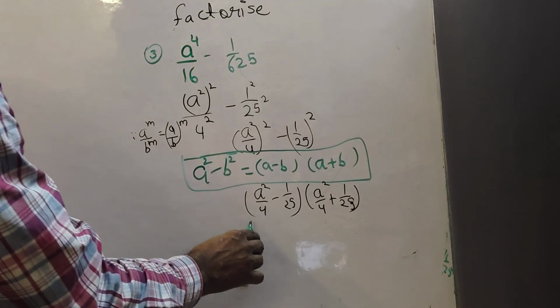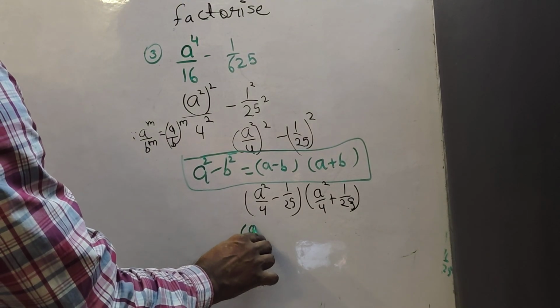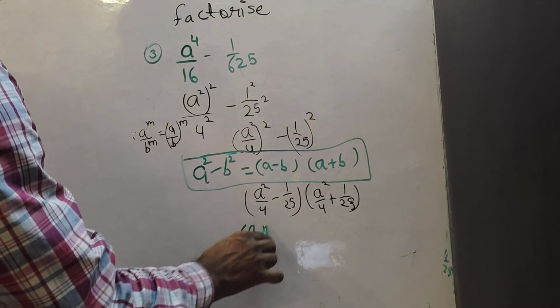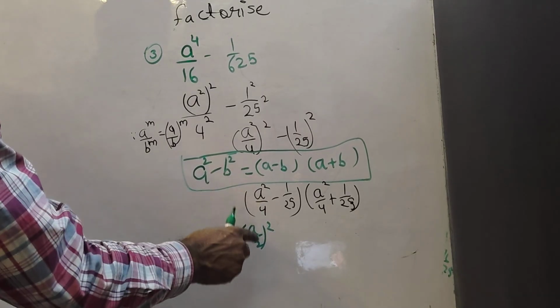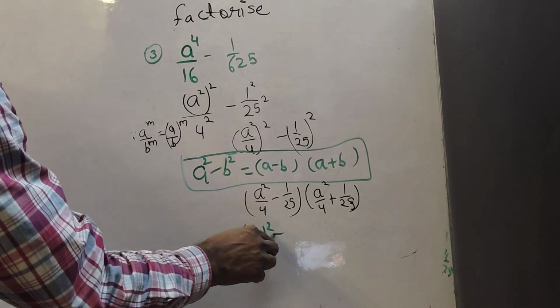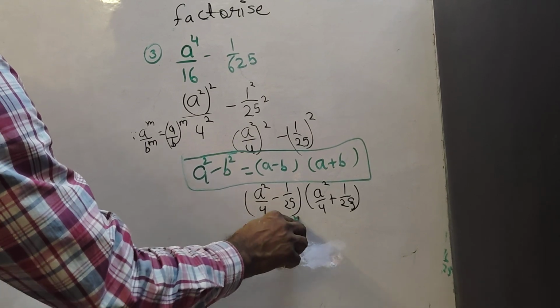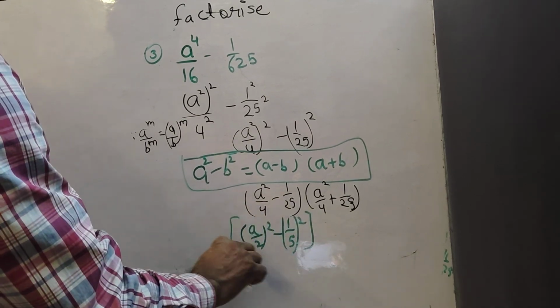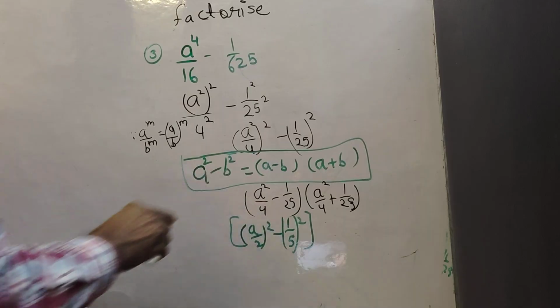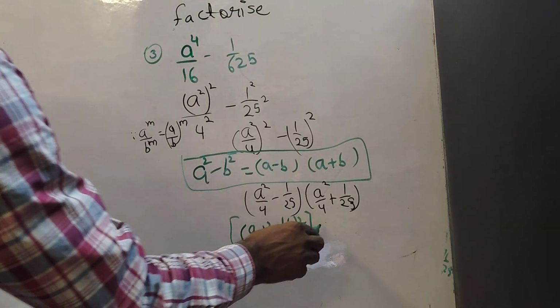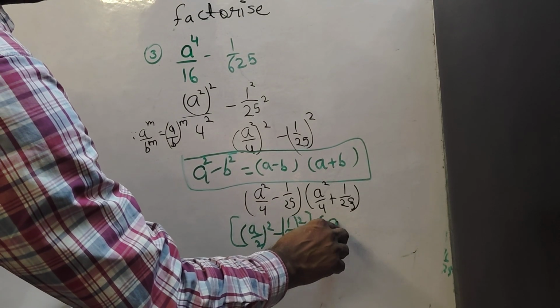So in the first bracket, a over 2 whole square becomes a square over 2 square, that is 4, and 1 over 25 is written as 1 over 5 square. In the first bracket there is minus, since this identity has a minus sign between them. In the second bracket we have plus.